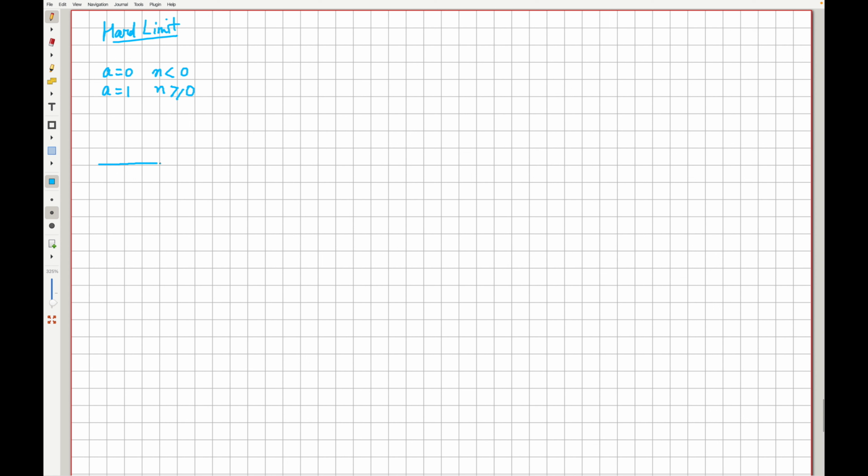Let's say we have this x-axis, which is the value for n, and then we have the y-axis, which is right here, which is the value for a. On this axis we have 0, which is right here, and let's say this is 1.